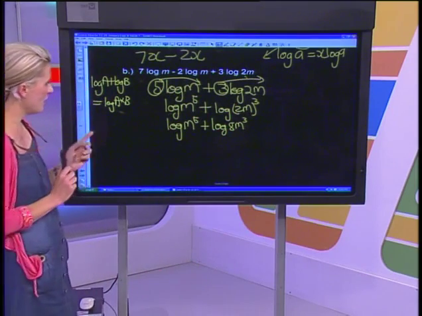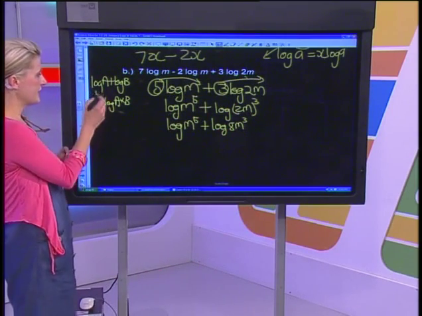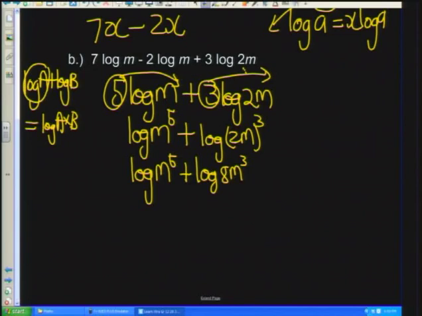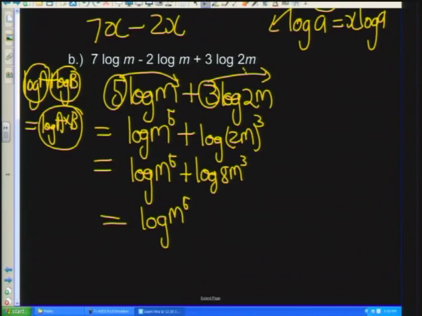Okay, so now what I'm going to do is say, instead of saying log of a plus log of b, I'm going to say log of a times b. So let's do that. And that is then m to the power 5, I'm afraid my 5s are looking a bit like 6s, but never mind, times 8 m to the power 3.